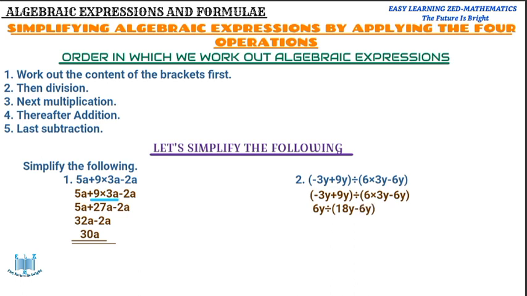Once I've done that, as you can see, the brackets are still there. So I'm going to focus on the brackets again. I'm going to write 6y divided by, and when you subtract 6y from 18y, we get 12y. That's why I've written 12y there.